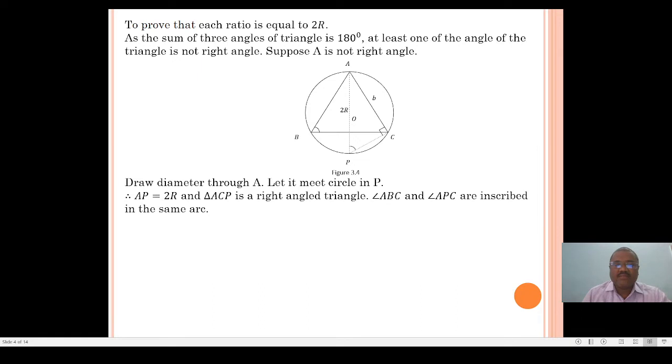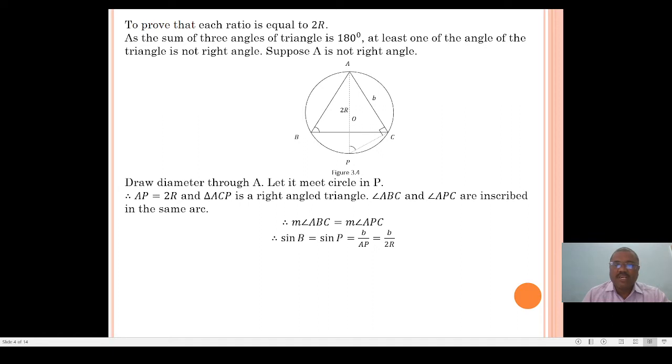So we get a right angle triangle in a half circle. Angle ABC and angle APC are inscribed in the same arc, that is arc AC. Therefore the measure of angle ABC and the measure of angle APC are equal.